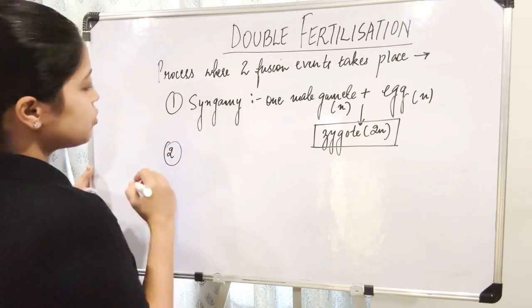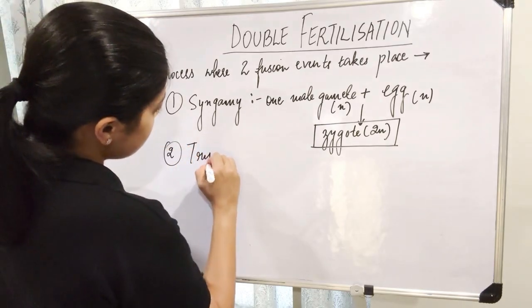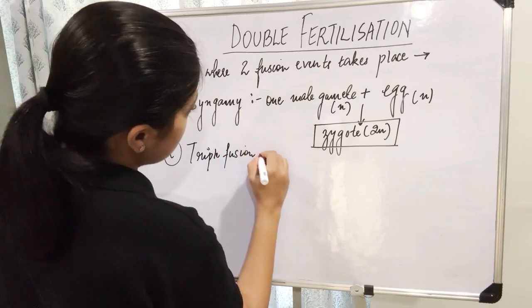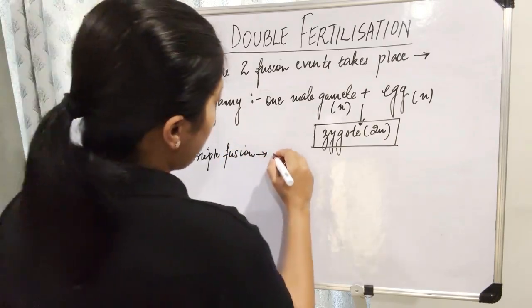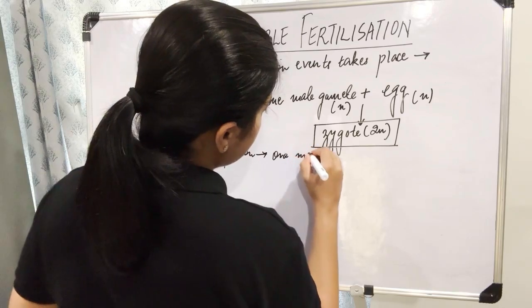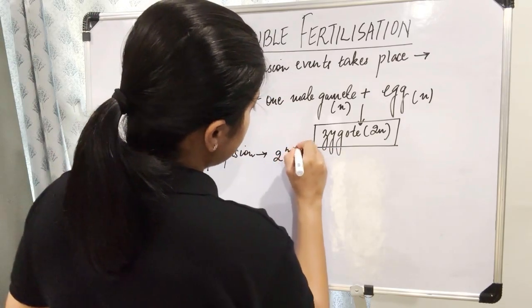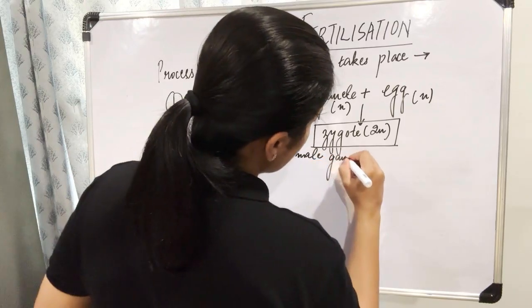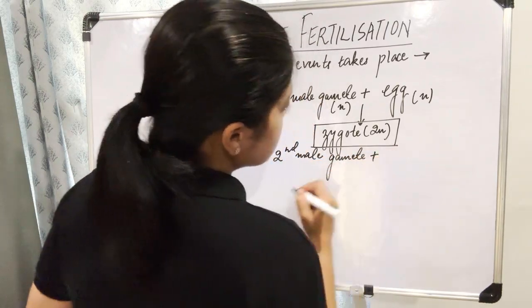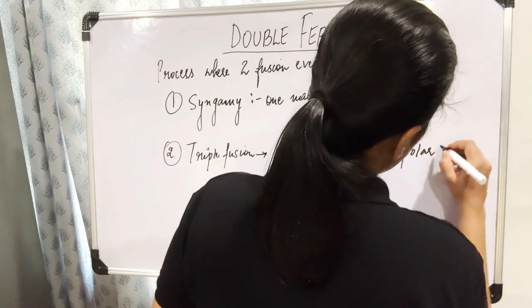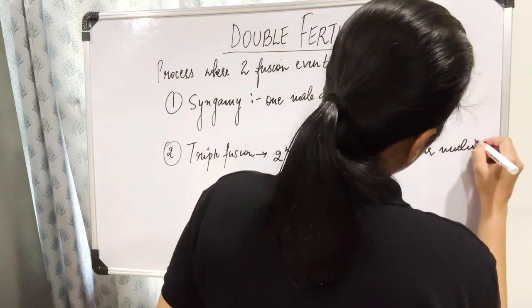The other fusion is called triple fusion. That is the other male gamete, or the second male gamete, fusing with the two polar nuclei.